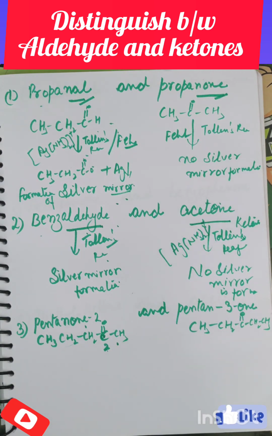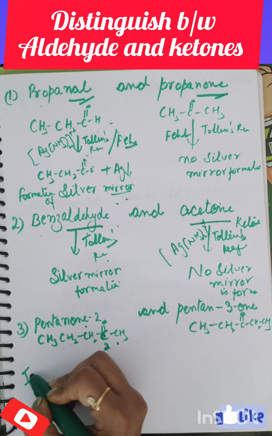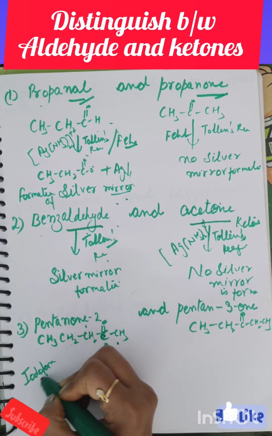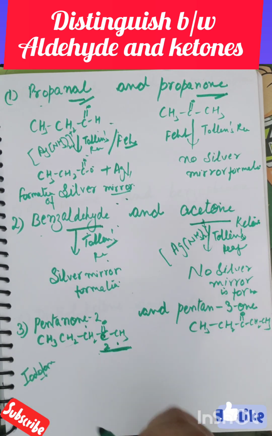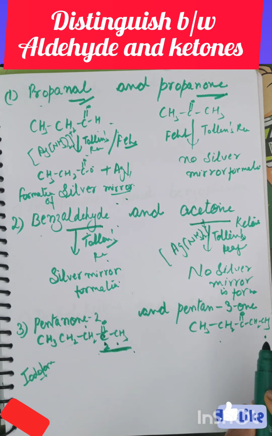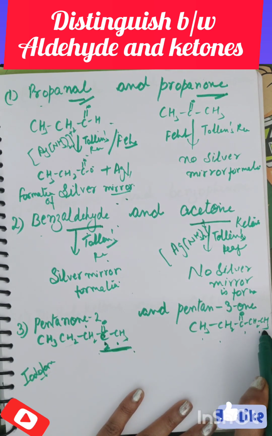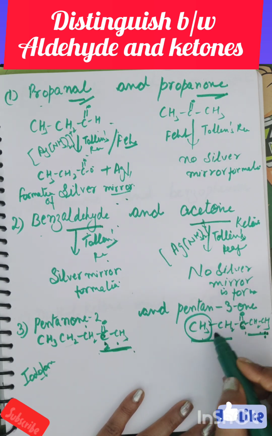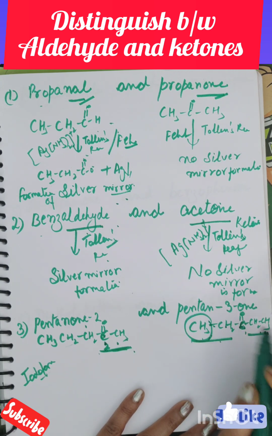Yes, we have one test, that is the iodoform test. Which test will you use? The iodoform test, because in this case we have a terminal methyl group. The methyl group attached to carbonyl is terminal, but in the other case we have no terminal methyl group, as one is ethyl and the second is also ethyl. We need this to be terminal, attached with carbonyl.